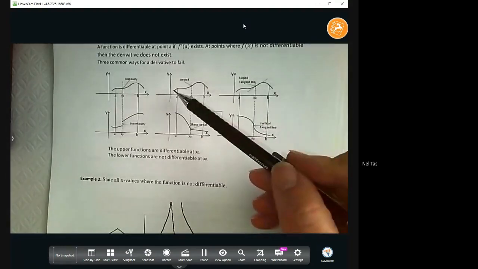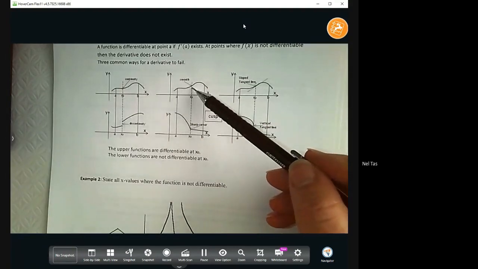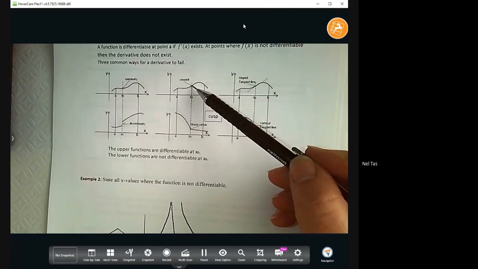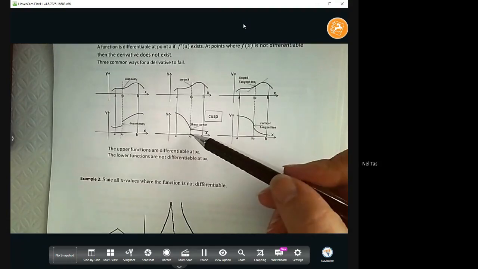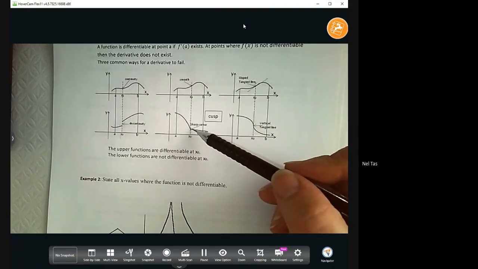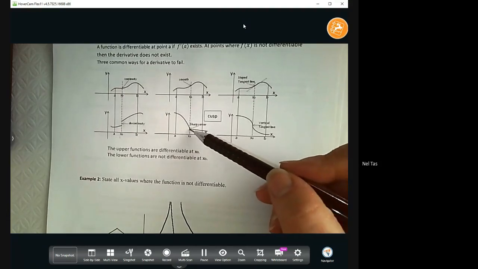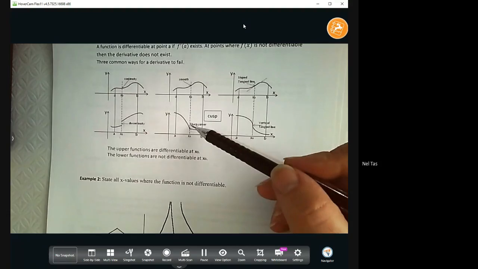As you see, the upper function is smooth at x0, but the lower function has a sharp corner. Therefore, f of x is not differentiable at x0, because remember, when you're taking the derivative, you're looking at the slope of the tangent.